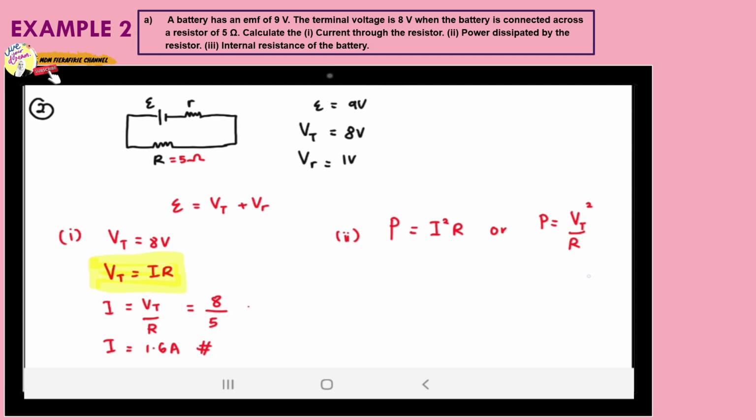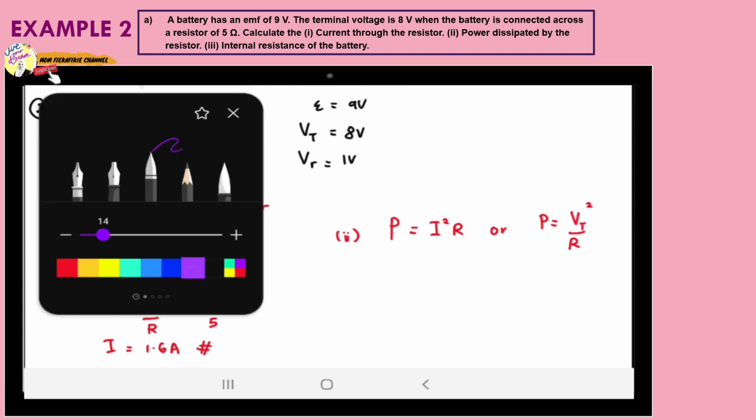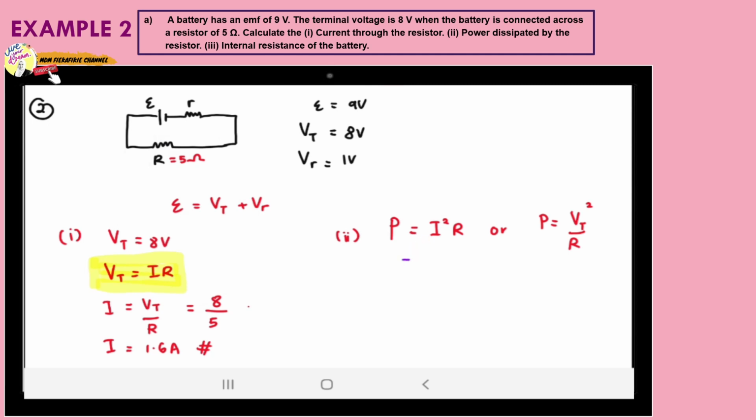Let's try these two equations and see whether we get the same answer. So P is equal to 1.6 squared times R, where R is equal to 5 ohm, and the answer is equal to 12.8 watt.